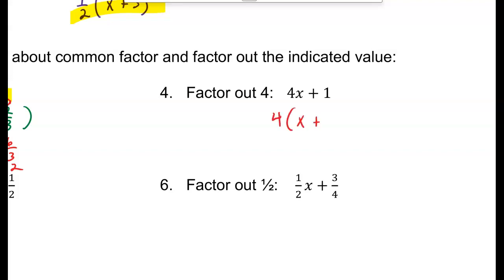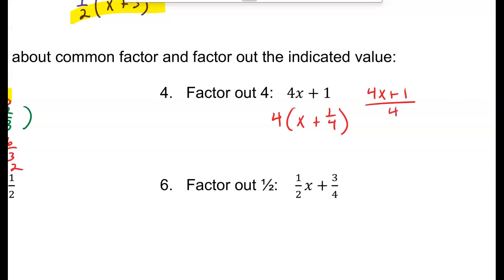4 times x plus 1/4. Now, John, just because you answered, I'm picking on you, so please forgive me. Why do you know that's going to be a 1/4 inside the parentheses? Yeah, guys, if I'm taking a common factor out, what am I really saying I'm doing?